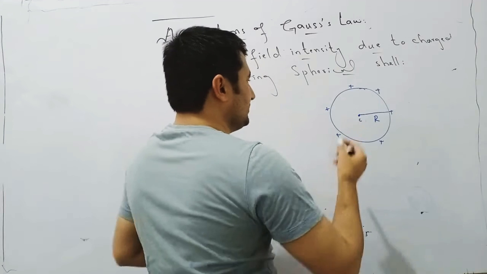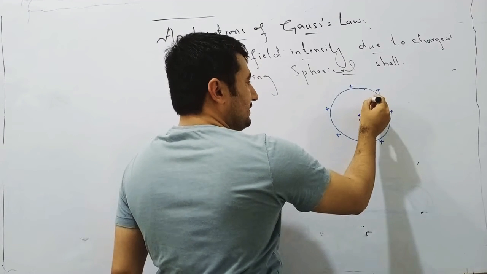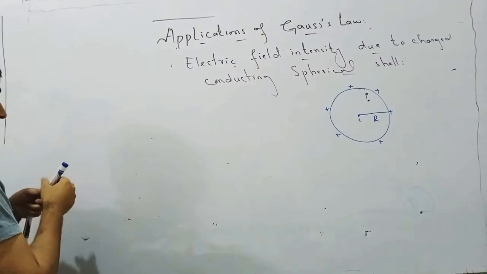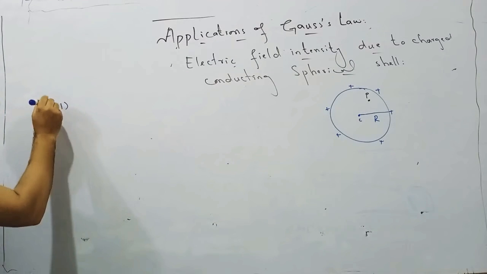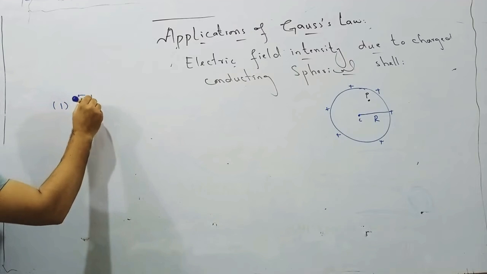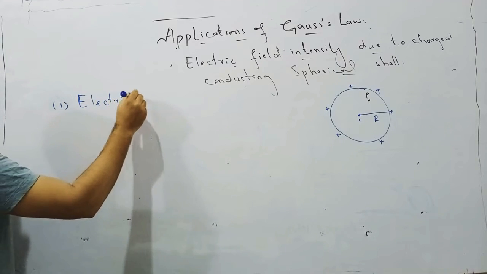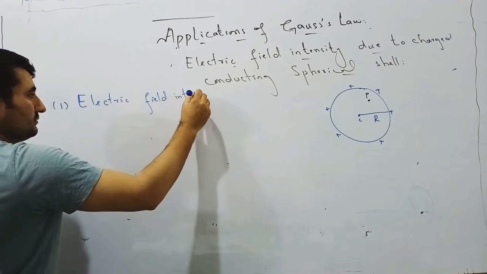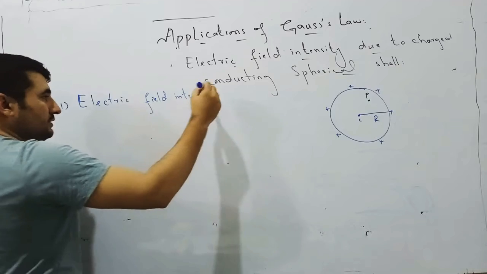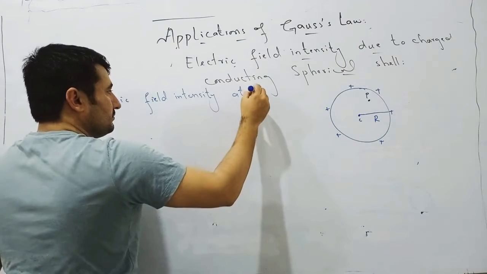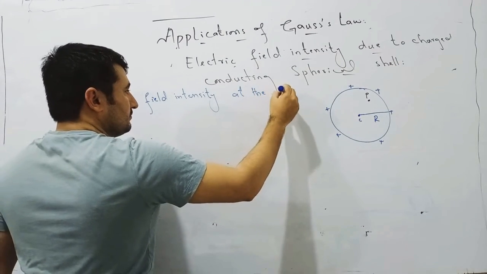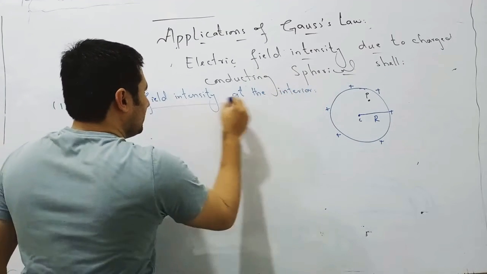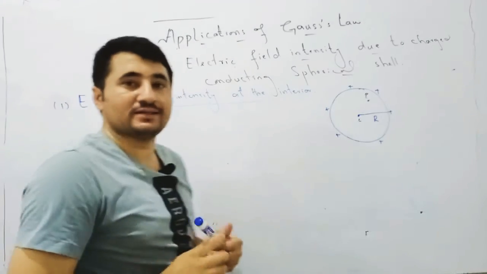Initially, the first case: electric field intensity E at the interior. What will the internal electric field intensity be?